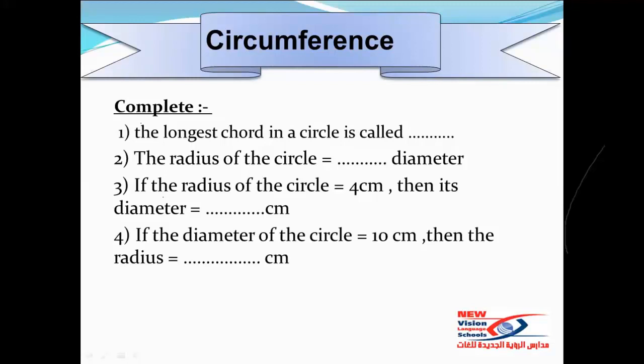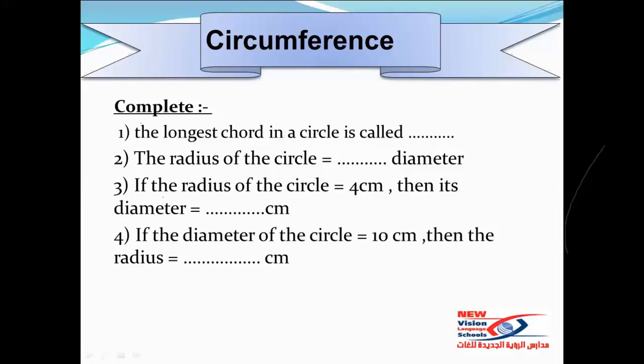It is the longest chord in the circle. Excellent. Another definition: it's 2 radius. Excellent. Thank you. Another one.